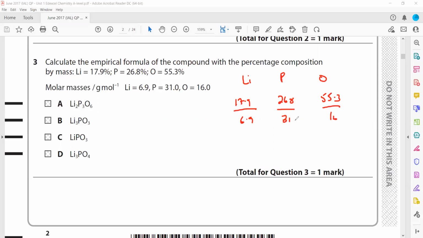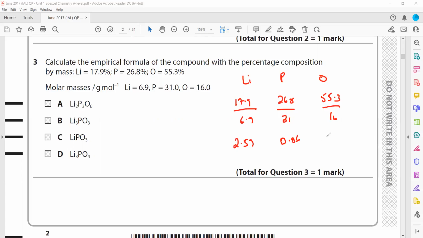So 17.9 divided by 6.9 equals 2.59. 26.8 divided by 31 equals 0.86, and 55.3 divided by 16, 3.45.